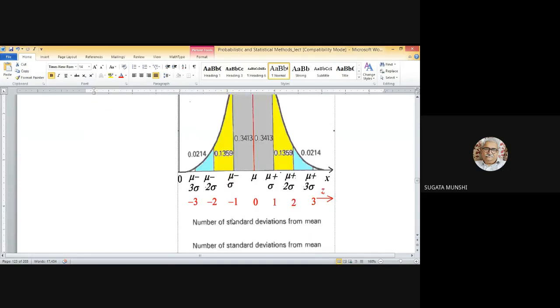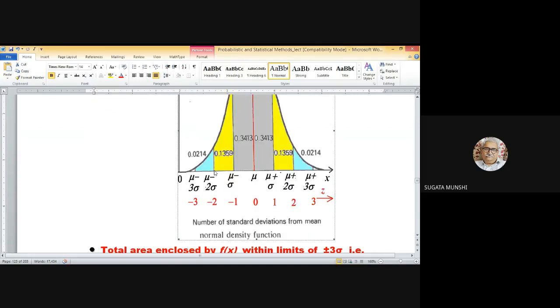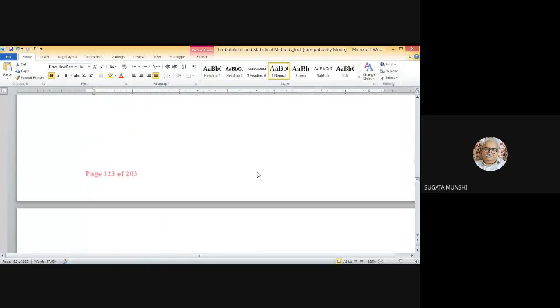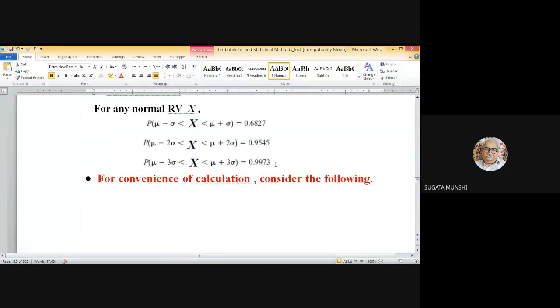That means the total area from here to there, the sum of the areas in yellow and in gray, is 0.9545.